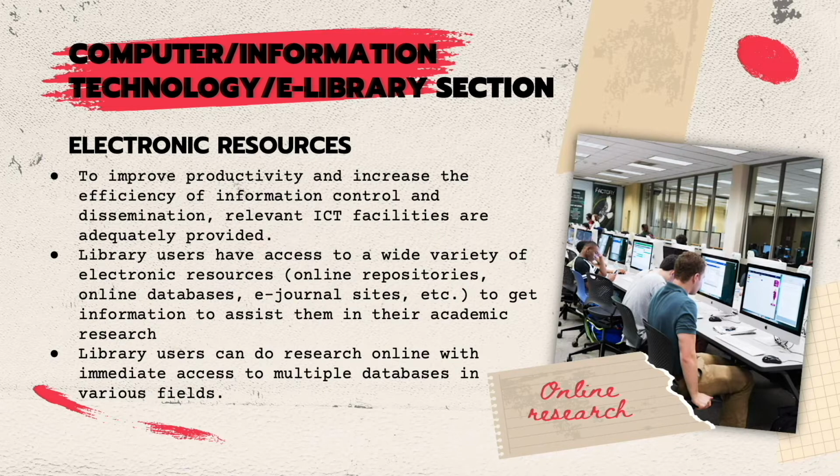To improve productivity and increase the efficiency of information control and dissemination, relevant ICT facilities, such as computers and internet connectivity, are adequately provided. In this section, library users have access to a wide variety of electronic resources to get information to assist them in their academic research.